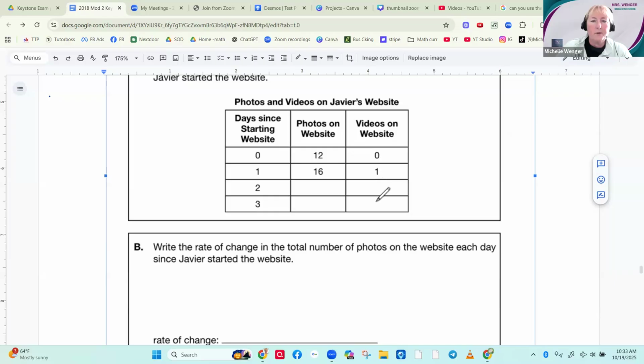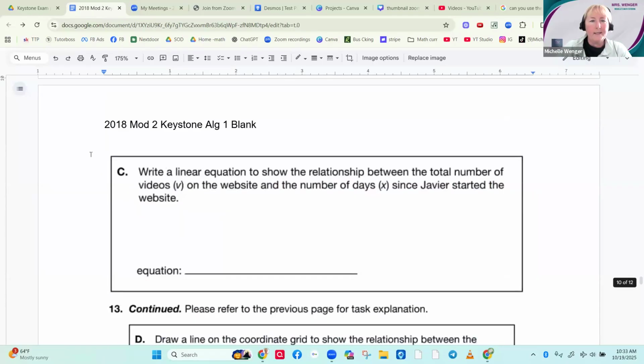If you notice when we filled it in, this one was 2 and this one was 3. Notice how this column and this column are the exact same thing. So that being said, when you write your equation, don't make it any harder than it needs to be.